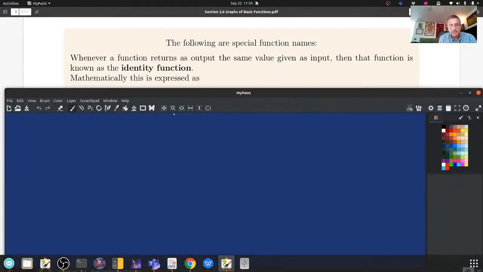So again, if we have a function, the first thing to remember is it's defined over a certain domain. And that's always in the background. What is its domain?